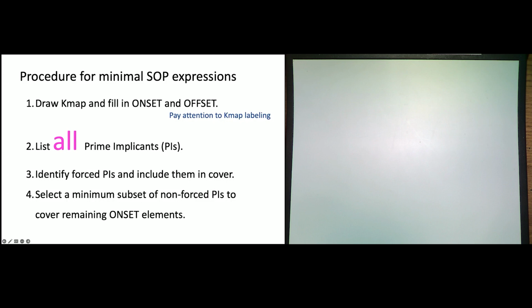This is where you draw your K-map, you label it, and you put the ones in the right place. If you label it some other way besides the way I labeled it, then you have to figure out where the ones go in terms of the numbering, because you're moving the numbers around. So I highly suggest you don't do that. But you can still get the problem right if you do.